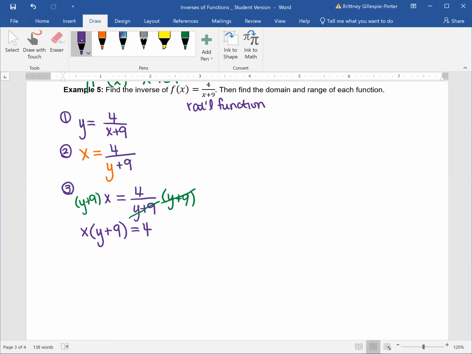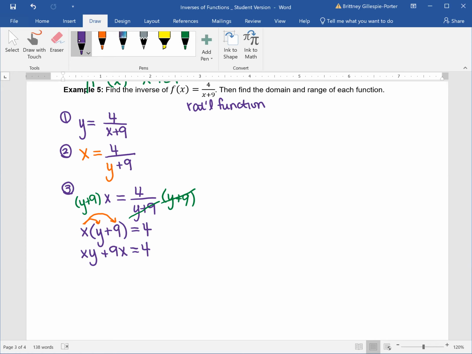really want you to pay attention to this next step because it will help you when our problems are a bit more involved with our rationals. So we can distribute the x through the parentheses. If we do that, we have xy plus 9x equal to 4.